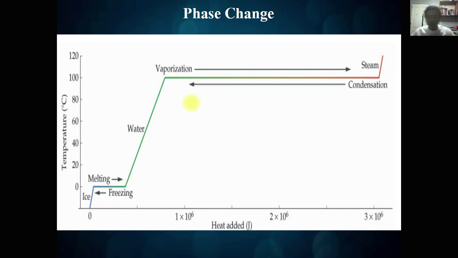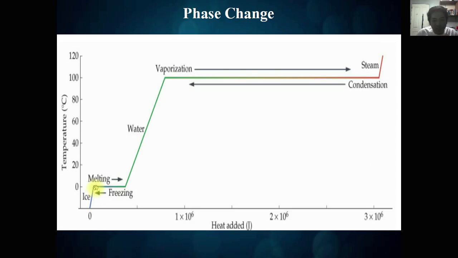So in order for us to fully understand the phase change, we have here a graph. This is the heat on the x-axis, and this is the temperature on the y-axis. For example, we have ice with no heat added. As we increase the temperature to 0 degrees Celsius, it starts to melt. As we increase the heat added during this melting process, there is no change in temperature, from solid to liquid.